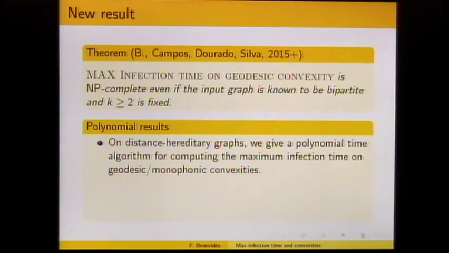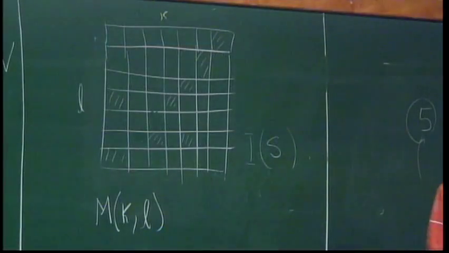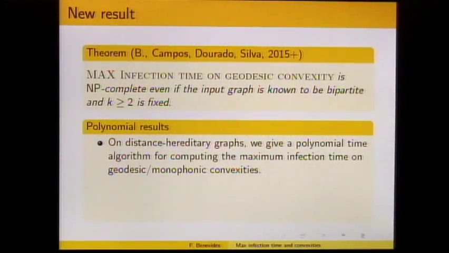The reason why this is nice is because we can use the best of both worlds. In the geodesic convexity, given some set S, it's easy to compute the interval of S. However, in the monophonic convexity, even just discovering the interval of a given set is an NP hard problem.